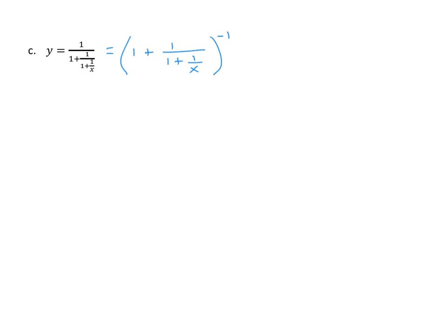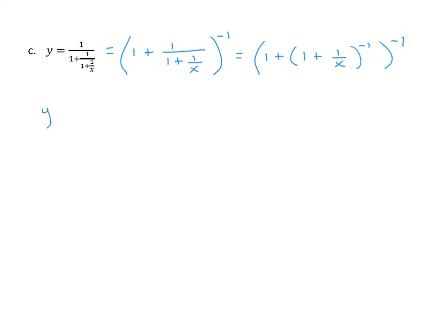But I think I'm going to do the same thing here. I know I'll eventually have to take the derivative of this inside thing, so I'm going to take this whole thing, move it up to this exponent, but put a negative 1 exponent on that. So this is also equal to 1 plus, now we have 1 plus 1 over x, that whole thing to the negative 1, and that whole thing to the negative 1. And again, we have this 1 over x, so I'm going to put this x in the numerator with a negative 1 exponent.